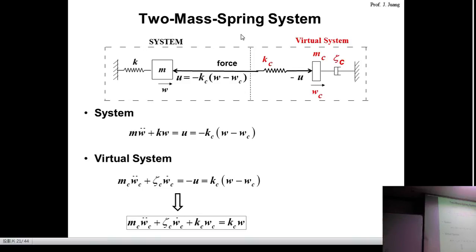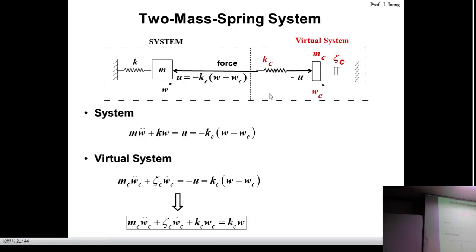Now, because we know that passively this is a stable system, if this is a passive system, this is a stable system. But part of the passive system can be replaced by the computer and actuator and sensor. That's all. Okay? Understand?